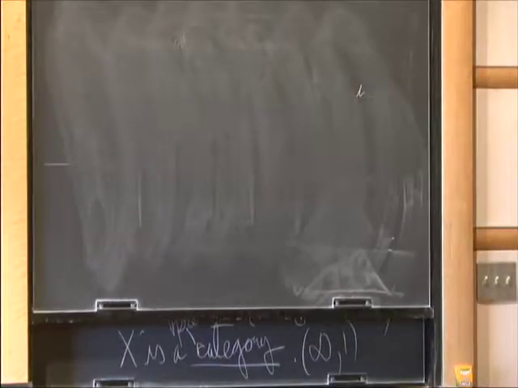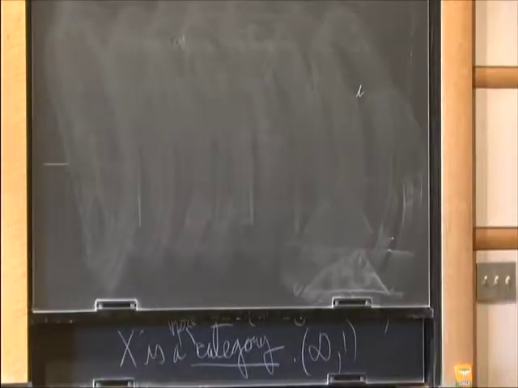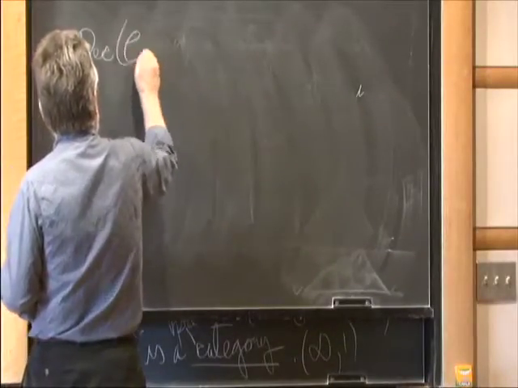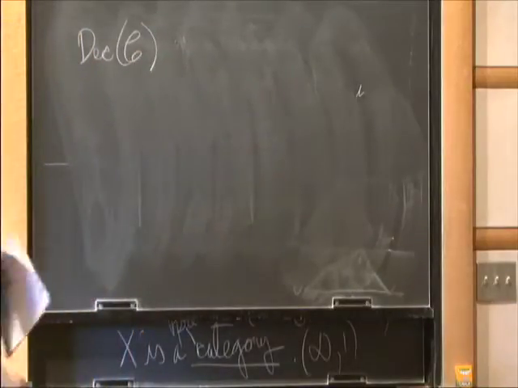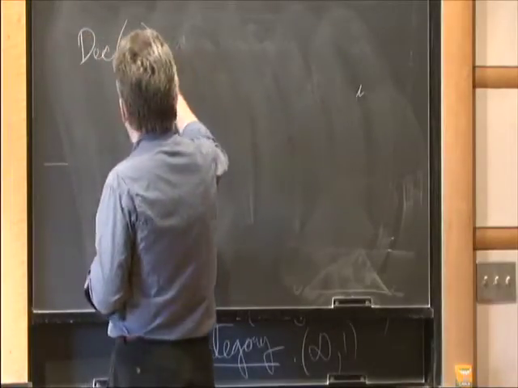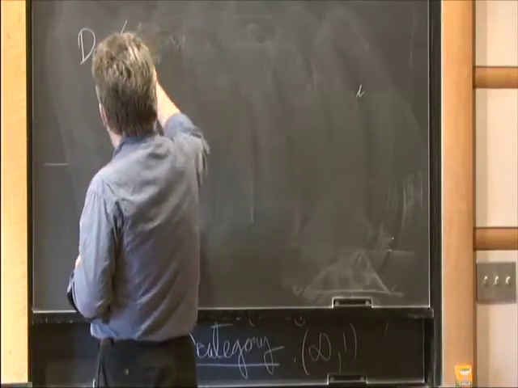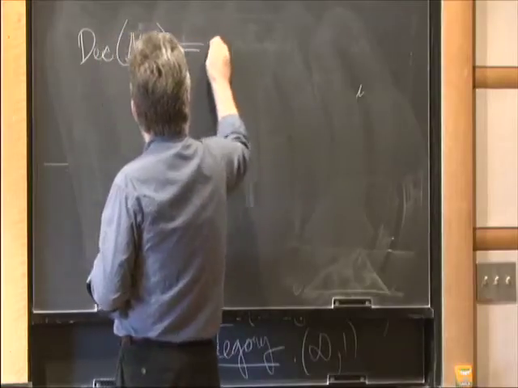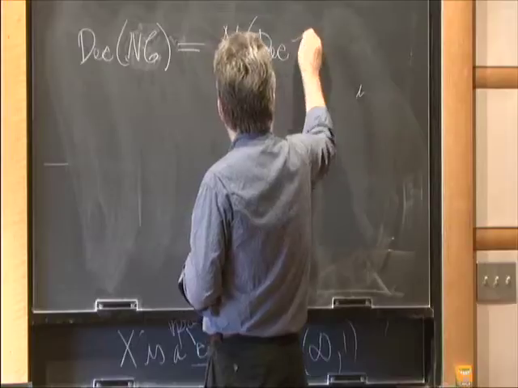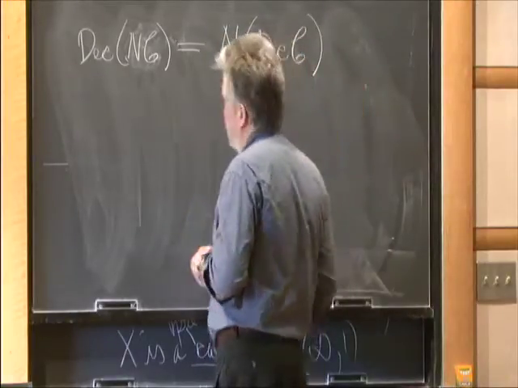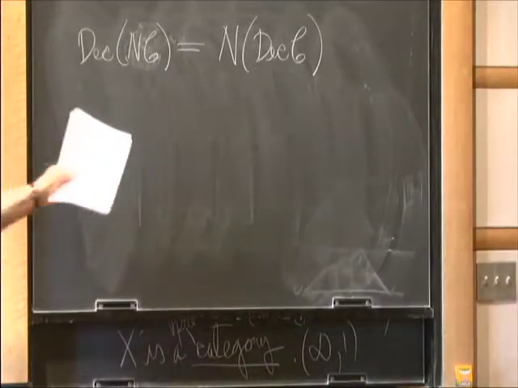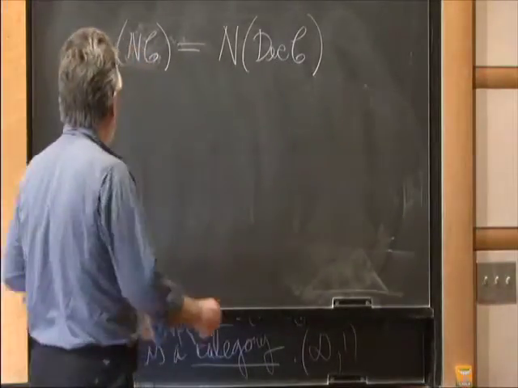So, intuitively, if you have a category and you do dec of the nerve of a category, the dec of the nerve of a category is the nerve of another category, which you could call dec C. So one way to understand these constructions is to understand how you can do it on the category.